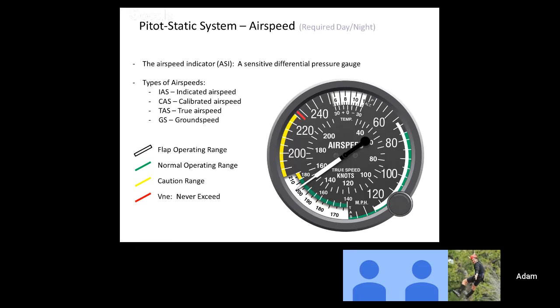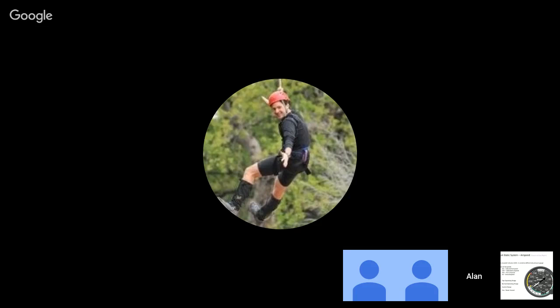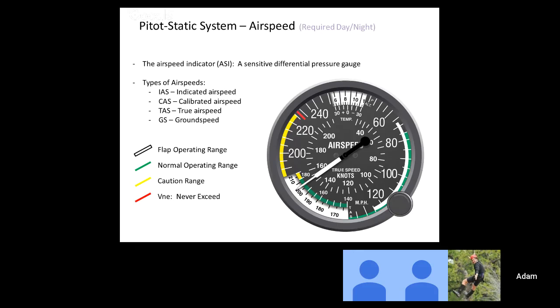But while I have the gauge up on the screen, the colors actually have definitions and they have names for aircraft that are certificated for the kind of flying that we all do, and they're right there on the screen.